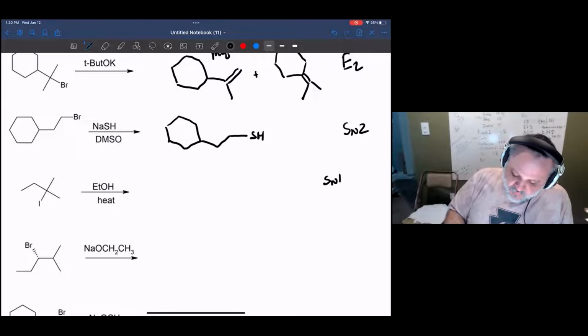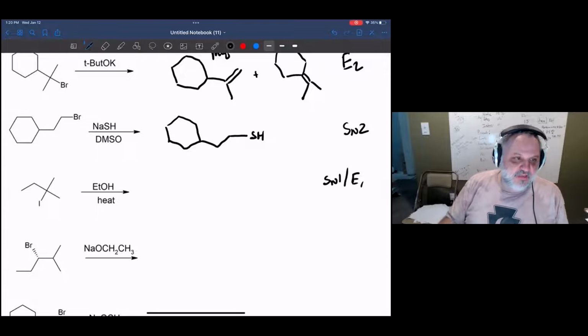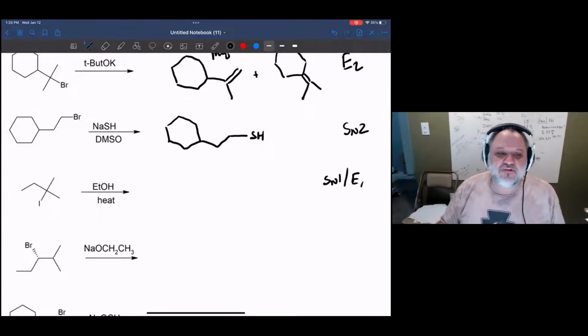So I've got SN1 and E1 happening. And so remember that since it's going to be unimolecular, the unimolecular reaction will form the cation and then the reaction proceeds. If the substitution reaction proceeds, then it's going to substitute. If the elimination reaction proceeds, then it's going to eliminate.